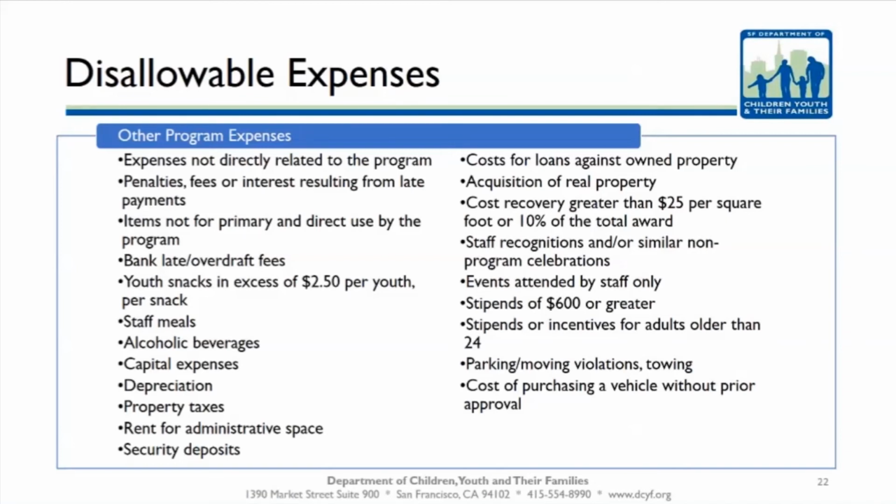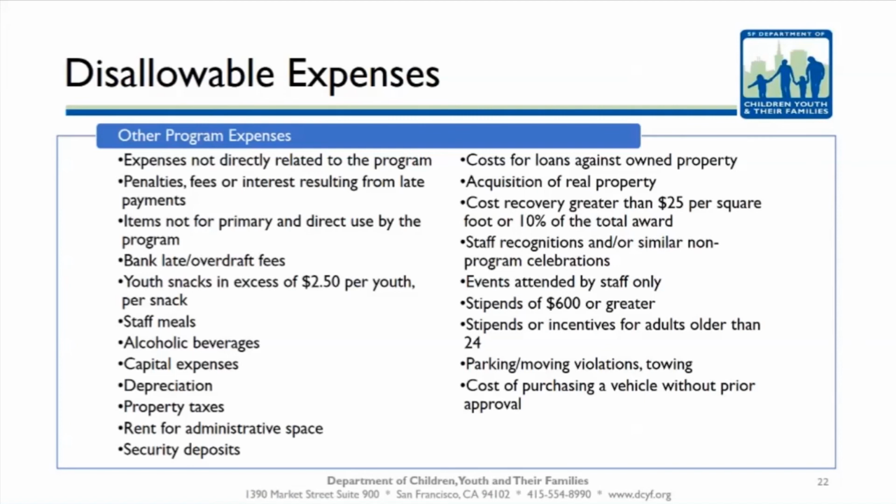Staff meals, for example, a staff outing to a restaurant, is not something that you can use your DCYF grant to support. Alcoholic beverages, capital expenses, so the purchase of a building or any major renovations or capital improvements to a space that you're renting, those aren't allowed under a DCYF grant.